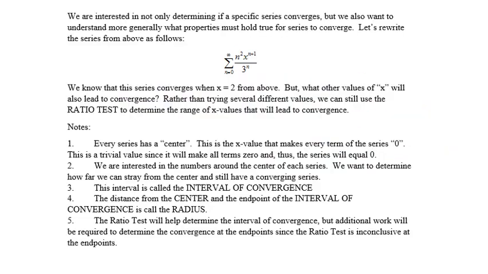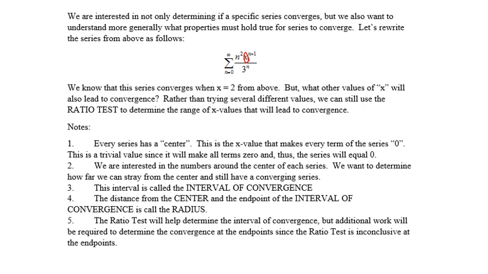So we're interested in not only determining if a specific series converges, but we also want to understand more generally what has to happen in order for a series to converge. So if we change that 2 to an x, we knew that it converged when it was 2. But are there specific values where it would converge versus not converging?